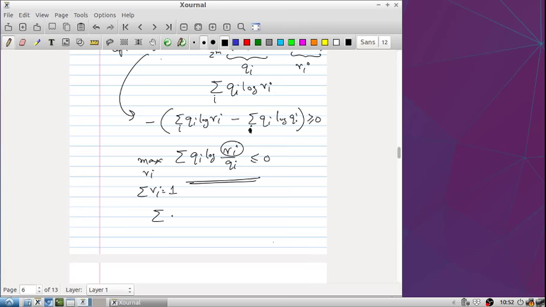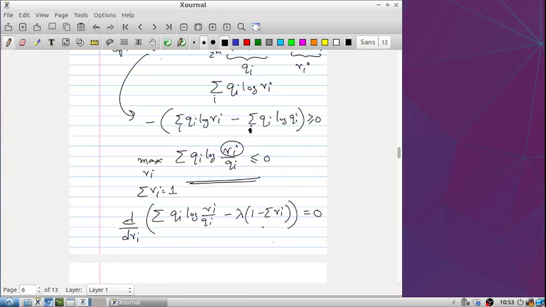So sum of qi. So I want to take the derivative with respect to ri. Sum of qi log ri by qi minus, or plus, doesn't matter, minus lambda times 1 minus sum over i of ri, equal to 0.